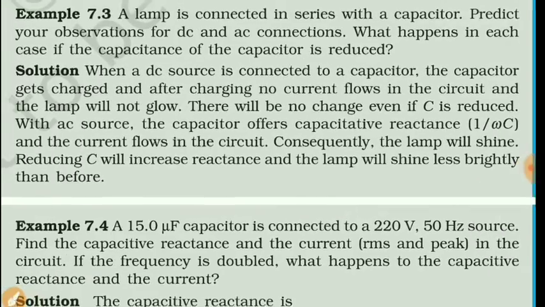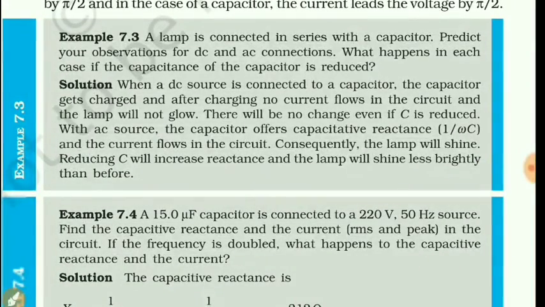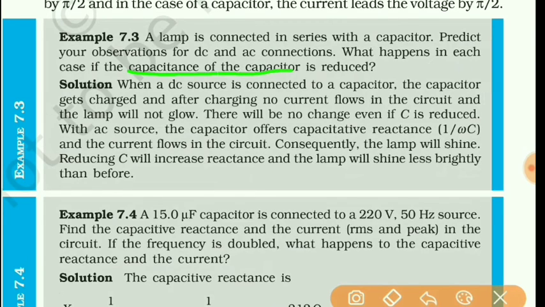Now what will happen if the capacitance of the capacitor is reduced? It is clear that for a DC source there will not be any change, as earlier, the lamp will not glow.